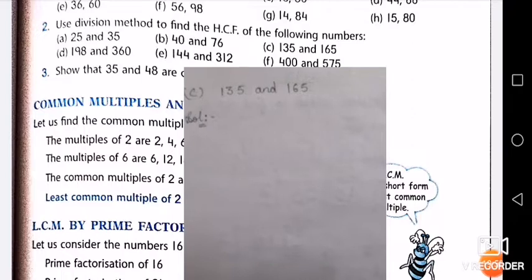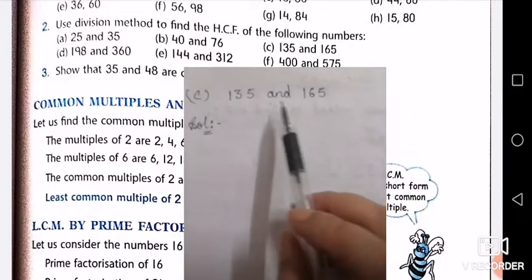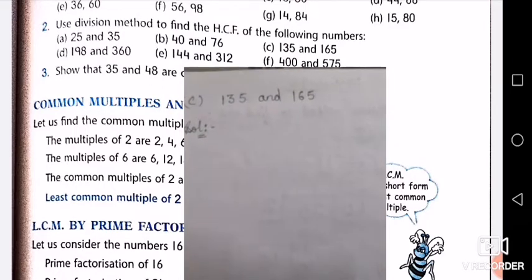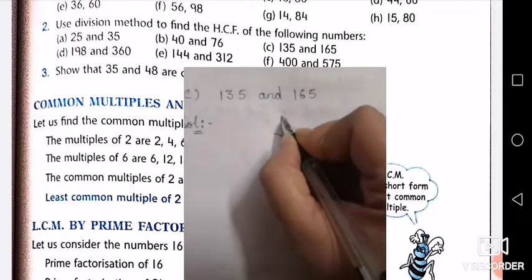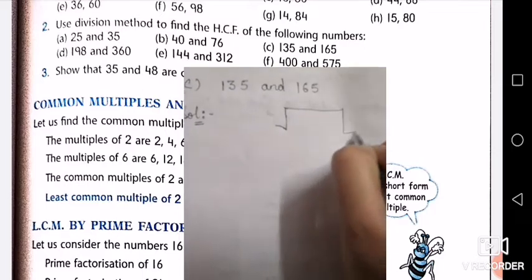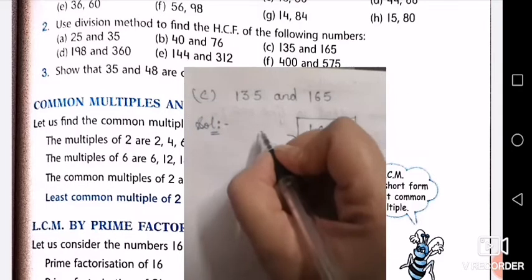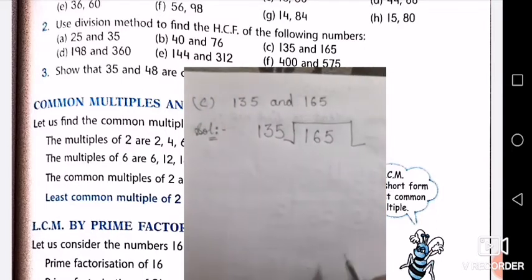You can see on the screen the two numbers which have been given in the C part, that is 135 and 165. Now out of these, the bigger number will become your dividend. 165 will become your dividend and 135 will become your divisor.